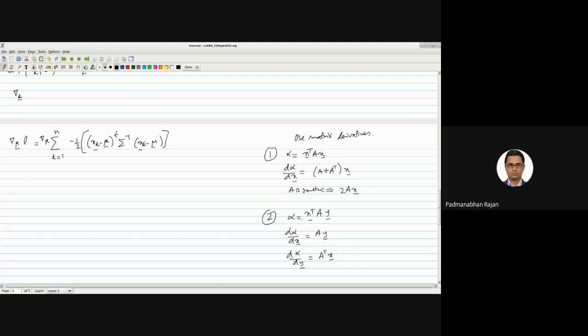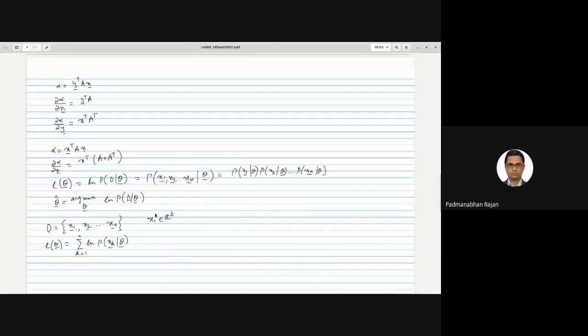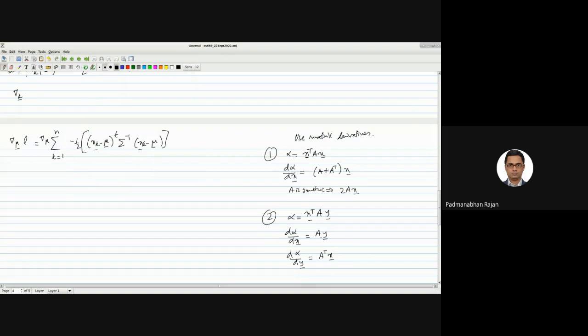And similarly for alpha equal to x transpose Ay, we have Ay and A transpose x, whereas there we had written y transpose A and x transpose A transpose, because that is in terms of rows, whereas this is in terms of columns. So it doesn't matter whether we do it in terms of rows or columns.